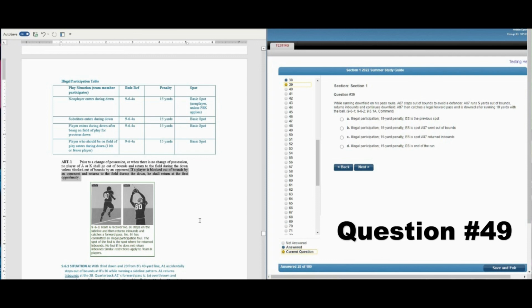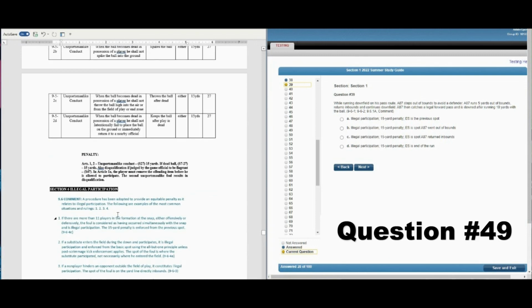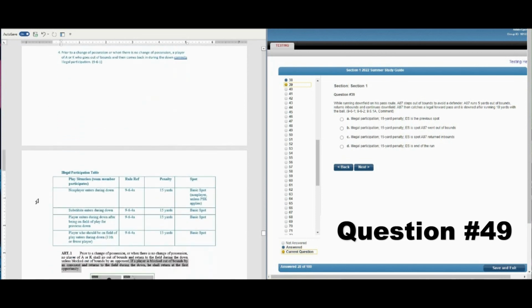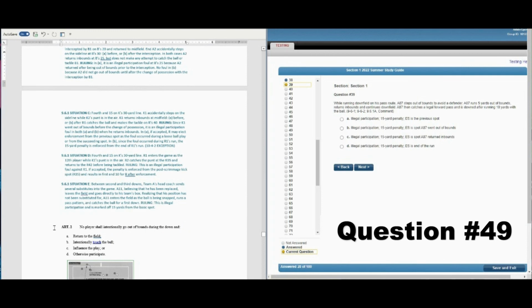So the only question here is, and oh, by the way, guys, spend some time with this 9.6. These comments are great. There's a table here that shows you the different things that can happen. There's a lot of case plays. And here's the real prohibition against participation.